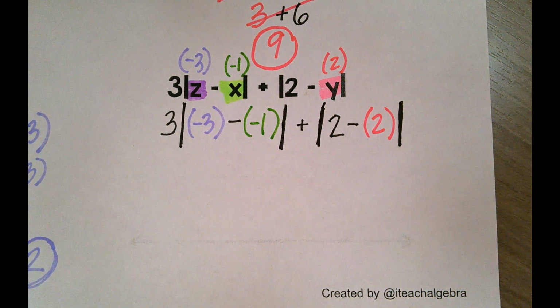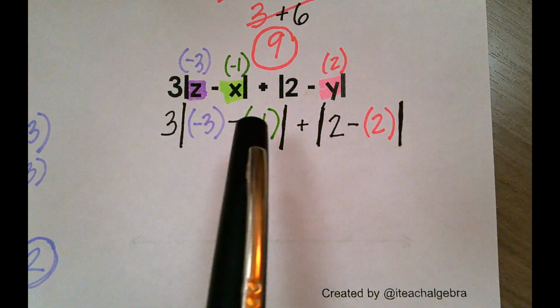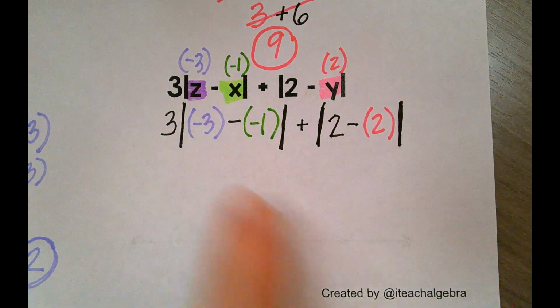So, once my values are plugged in, step 1 is done. Where do I go from here? Your absolute bar, the 3, the bar sign, then -2. Oh, -3 minus -1, that's -2. Perfect.